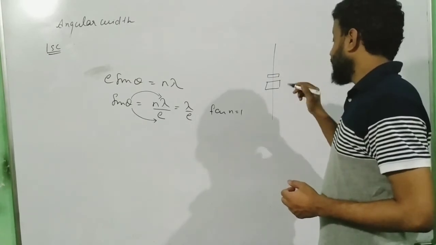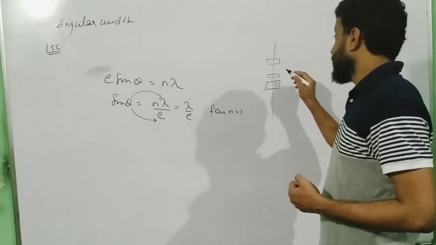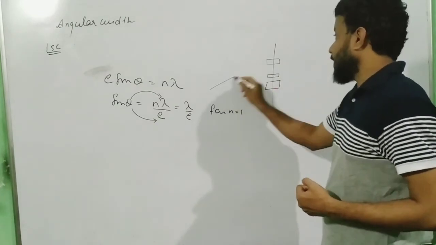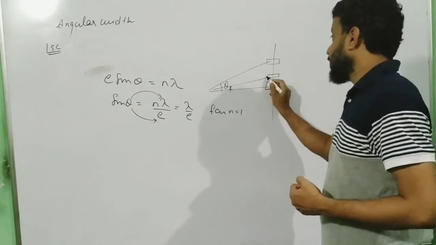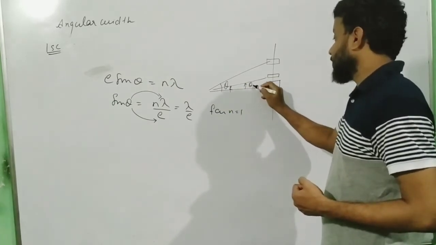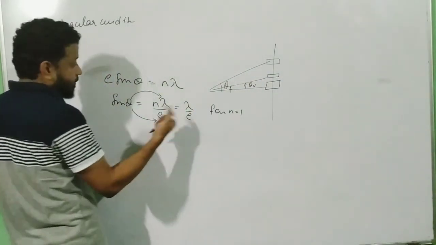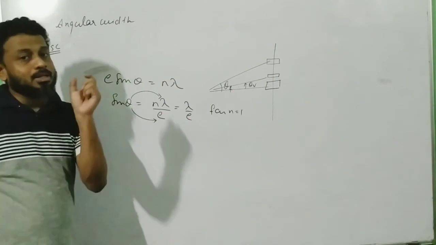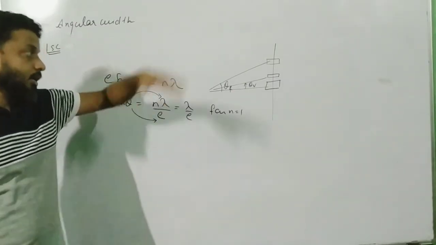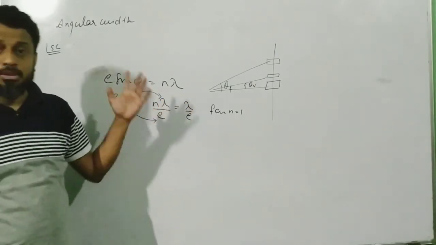And if I am considering red, then red's first minima will fall somewhere over here, because the angle for red will be more than the angle for violet. So make a note of that. Also it is inversely proportional to e. So if it is the same color light, then if you decrease the slit width, your angle becomes more. If you increase the slit width, your angle becomes less.